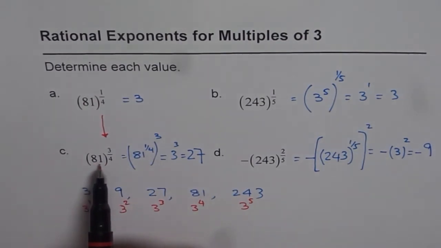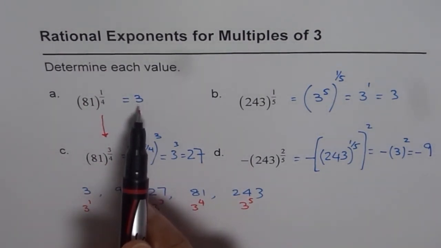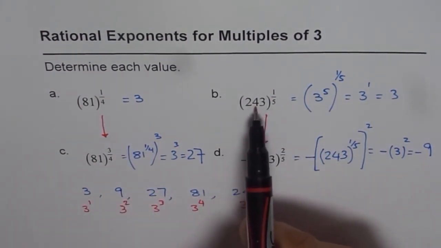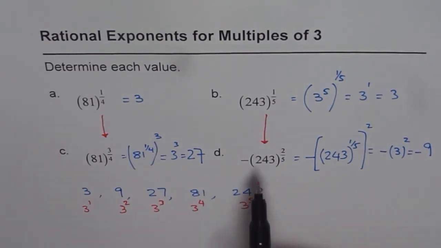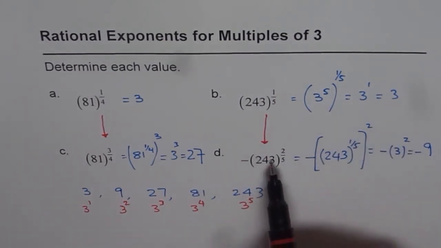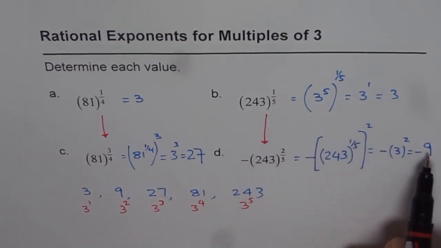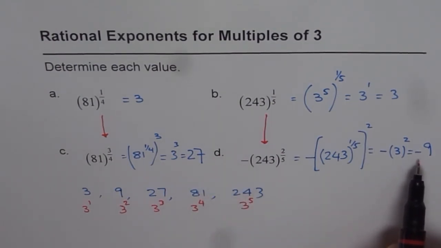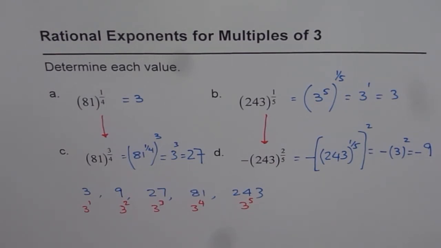But if it is 81 to the power of 3 over 4, then it's basically cube of 3, right? Now in this case also, 243 to the power of 1 over 5 was 3, and its square was 9. Now this minus is outside, so the answer will be negative. So go through it once again, try to understand how we got the rational exponents for the given numbers. I hope that helps. Thank you.